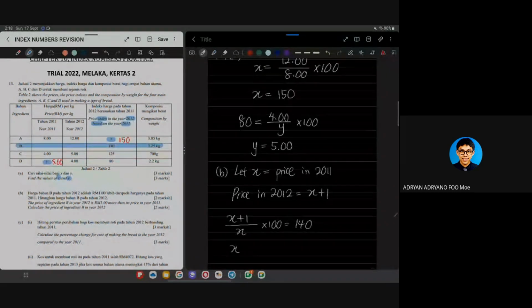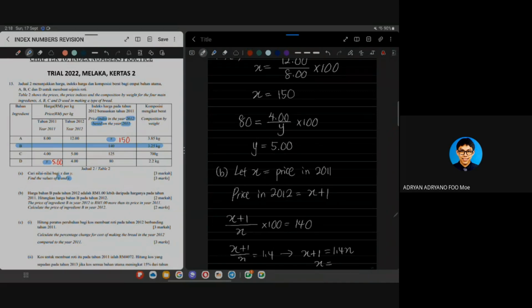X plus 1 over X equals 1.4. Then you can cross multiply: X plus 1 equals 1.4X. Then X equals the answer. So you will get 2.50. Say 2.50 or 3.50?